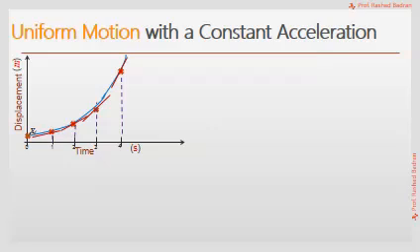This is a brief picture that demonstrates the uniform motion with constant acceleration, starting from this parabolic curve in the graph of displacement versus time, where you can get the velocity from the intersection of the line.